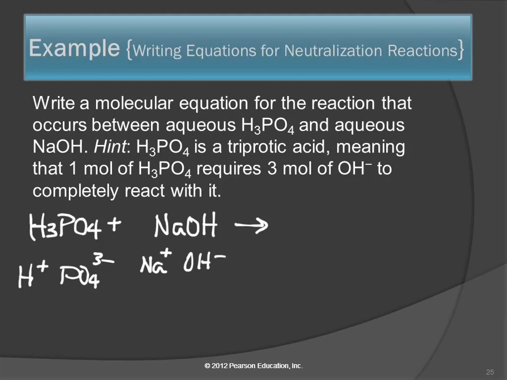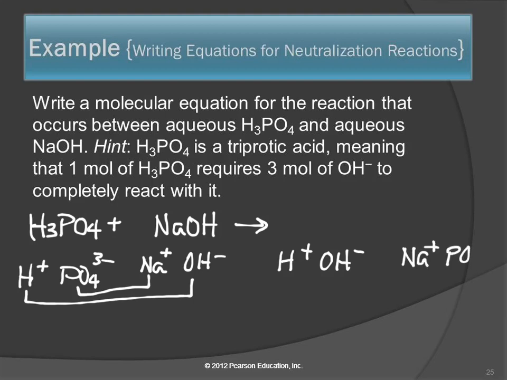So, in chemistry land, we talked about this would be the guy and the girl, and they came to the party together, and while they're at the party mingling, they swapped partners. So sodium's going to leave with phosphate, and hydrogen's going to leave with hydroxide. So in the products, we just write them with their new partners. Always the positive ion first, and then the negative ion.